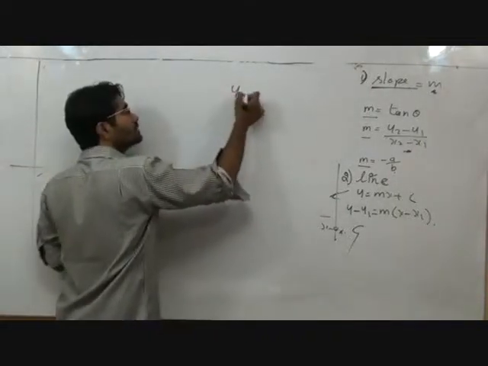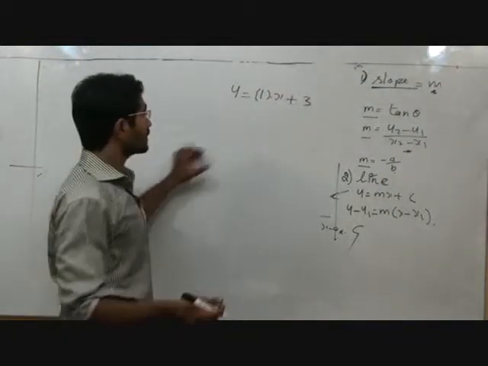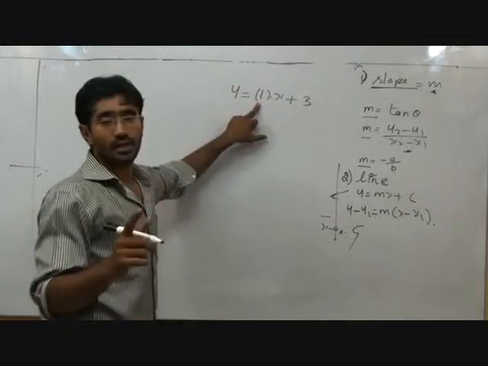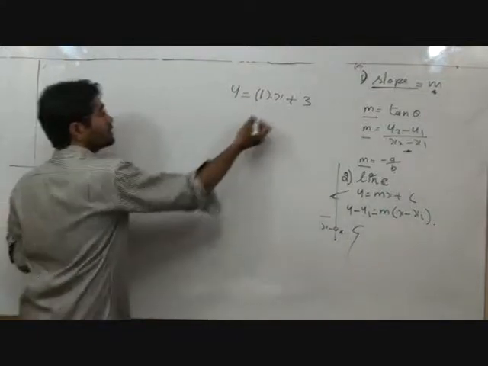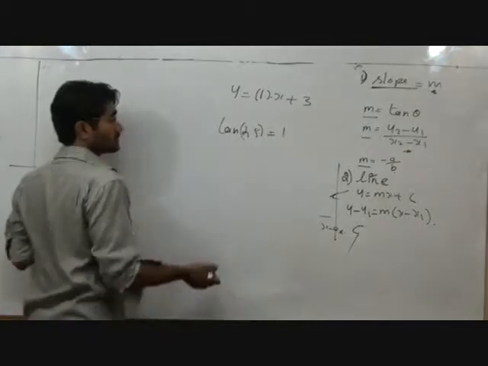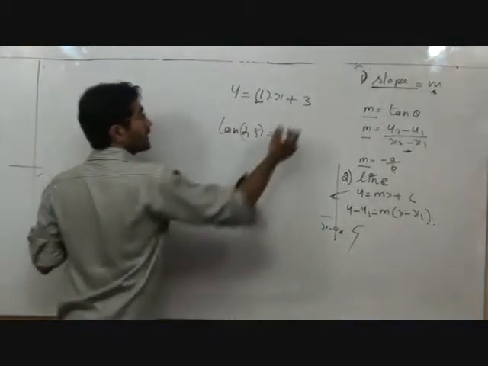Let us say y is equal to 1 into x plus 3 is a line. So the line clearly says m is 1, and we could find theta. When is m 1? Tan 45 is 1. It means theta is 45 degrees. And what is c?